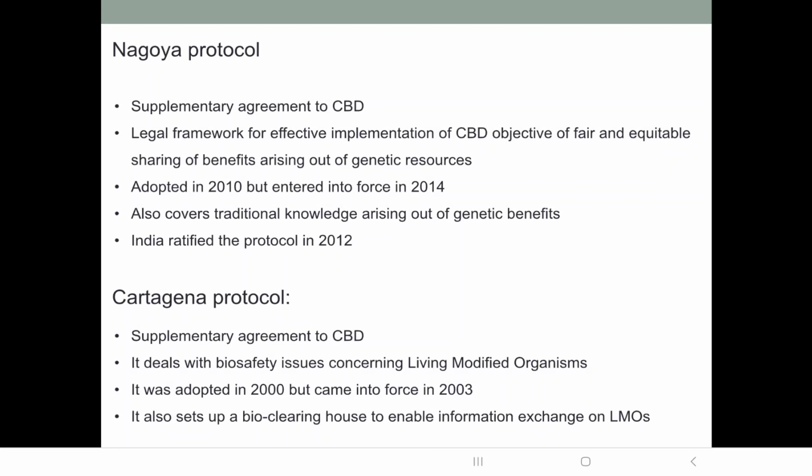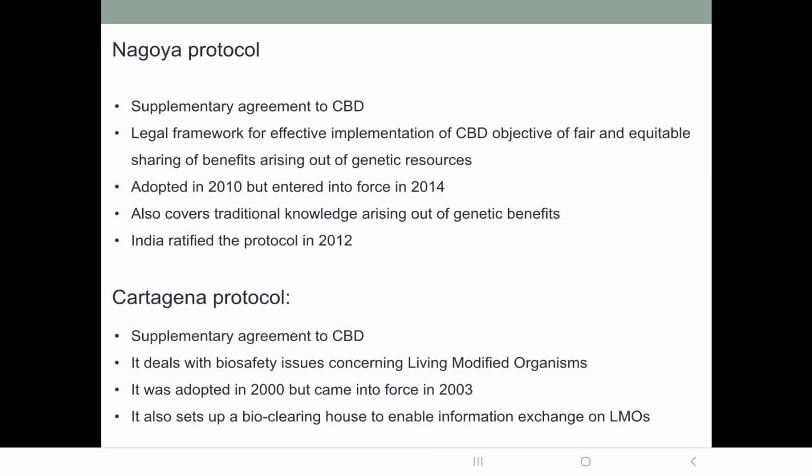A plant may be producing a chemical which might have a medicinal use. Then there might be genes present in the plants which confer drought resistance. Any benefits arising from the use of these genetic resources must be shared fairly and equitably.